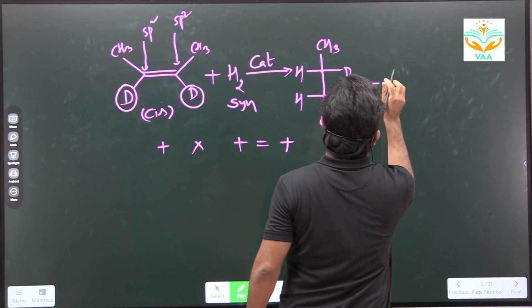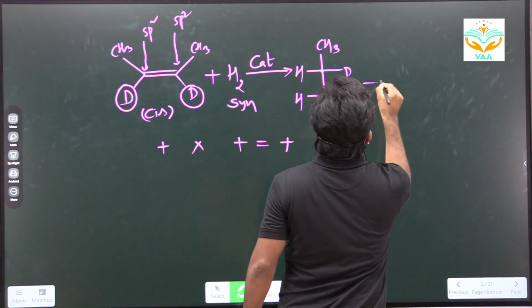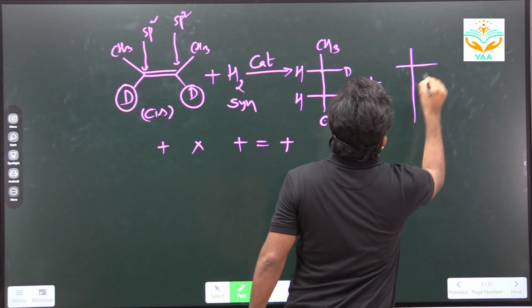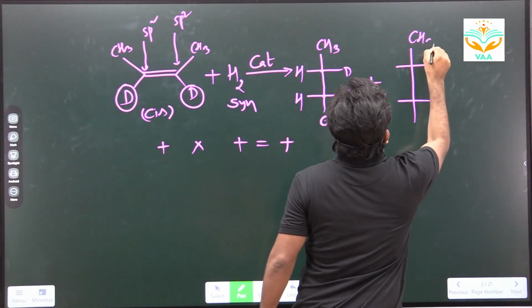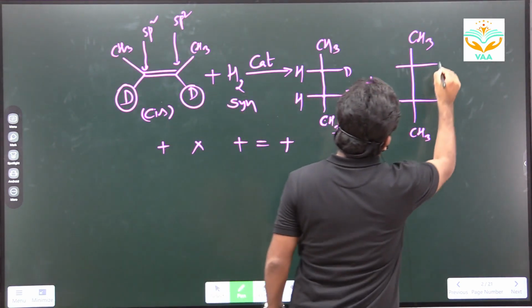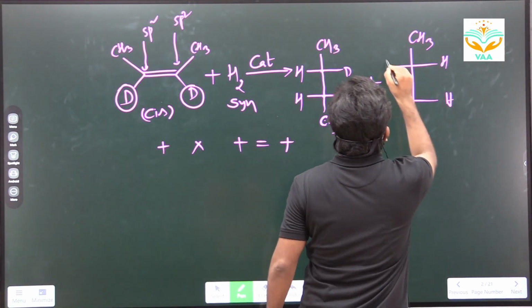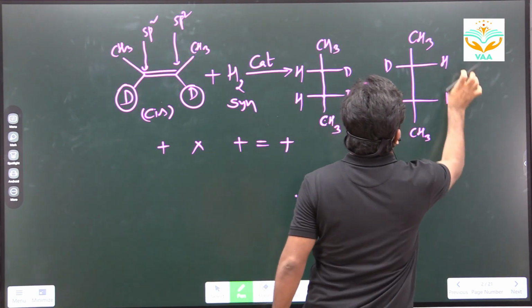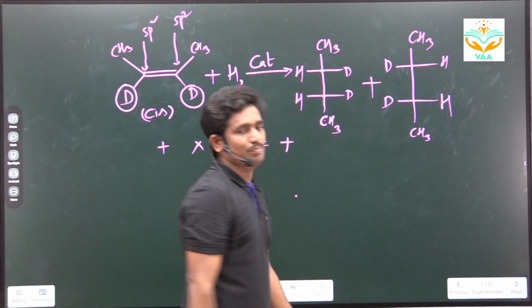And what is another product? If it attacks this alkene from the right side, H H, you will get this product.